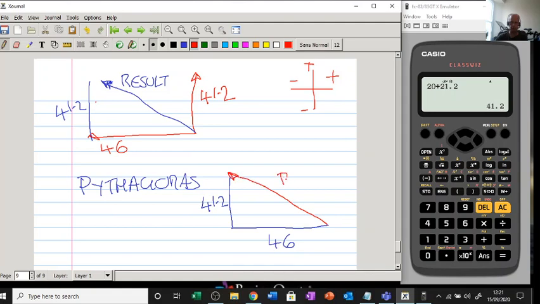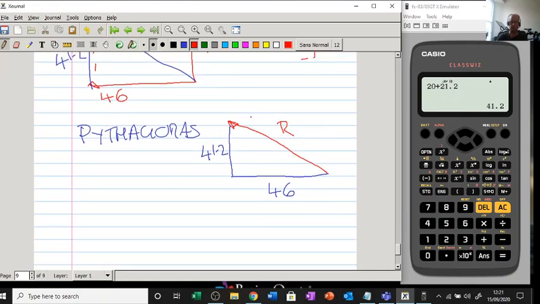This is my resultant force. So 46 here and 41.2, just a triangle. I've just made the 41.2 over here to make it look a bit better. Triangles are all the same. So this top line's 46 and this is 41.2. Now a bit of Pythagoras we can do.